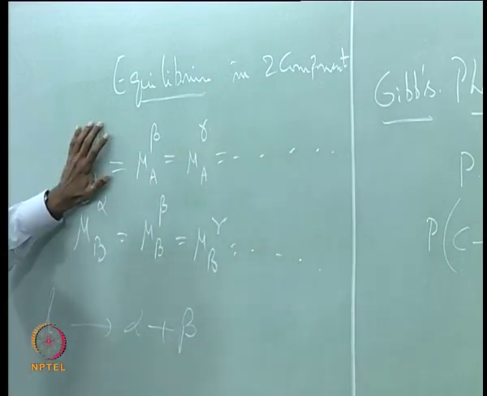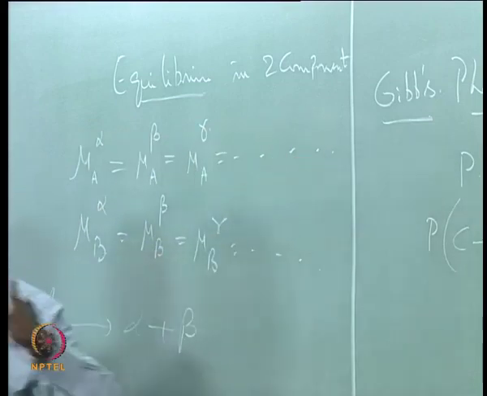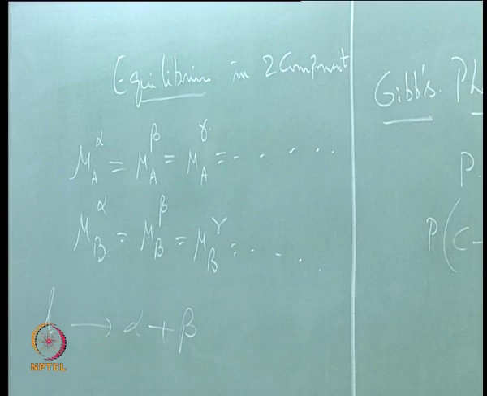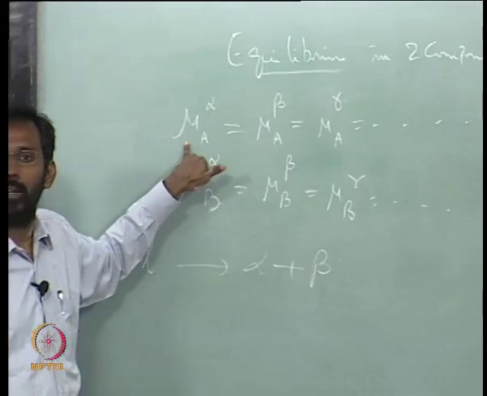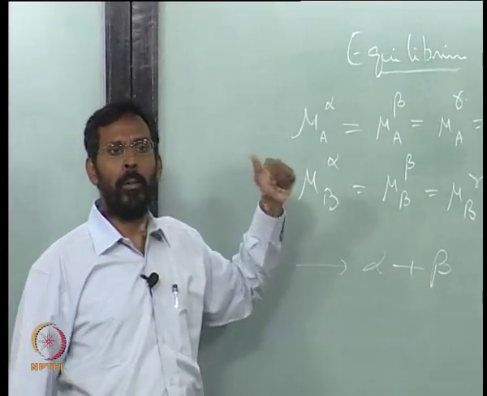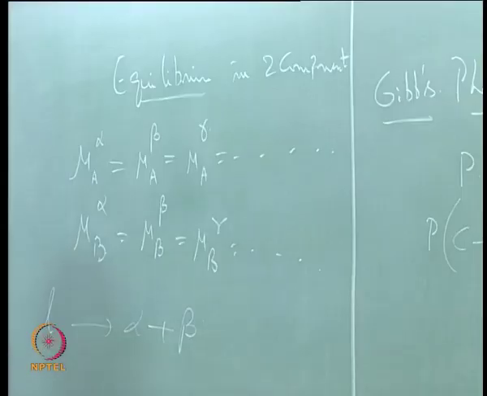Once I define this, they are all fixed. That means for each component, P minus 1 gets fixed once I define the chemical potential. So, for every component I need to define only one chemical potential. For the remaining P minus 1 phases, I need not define.